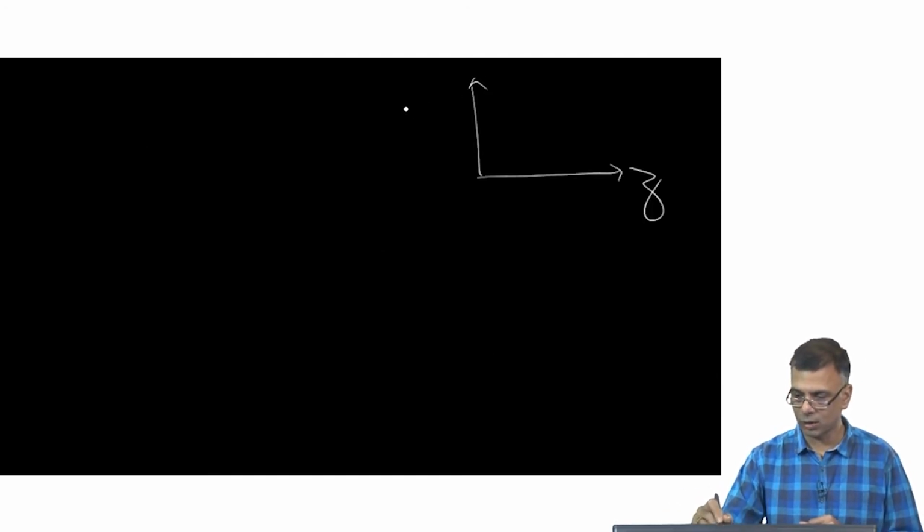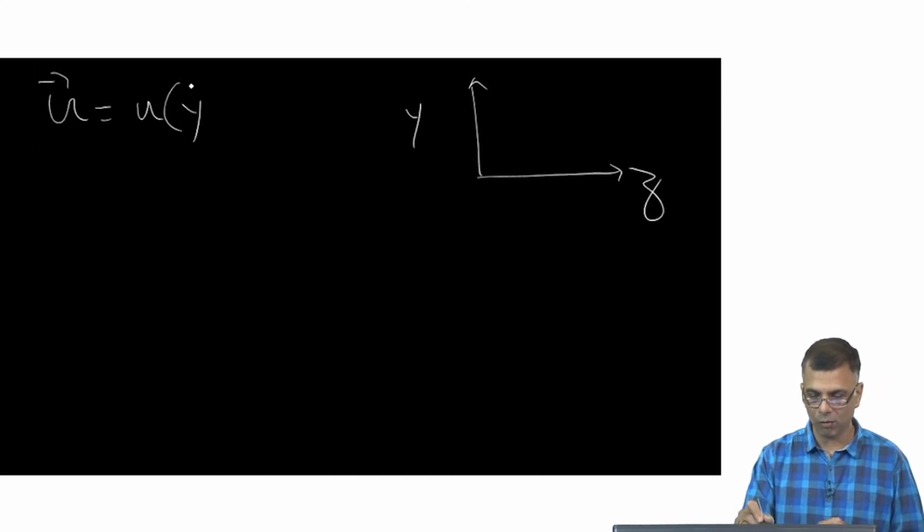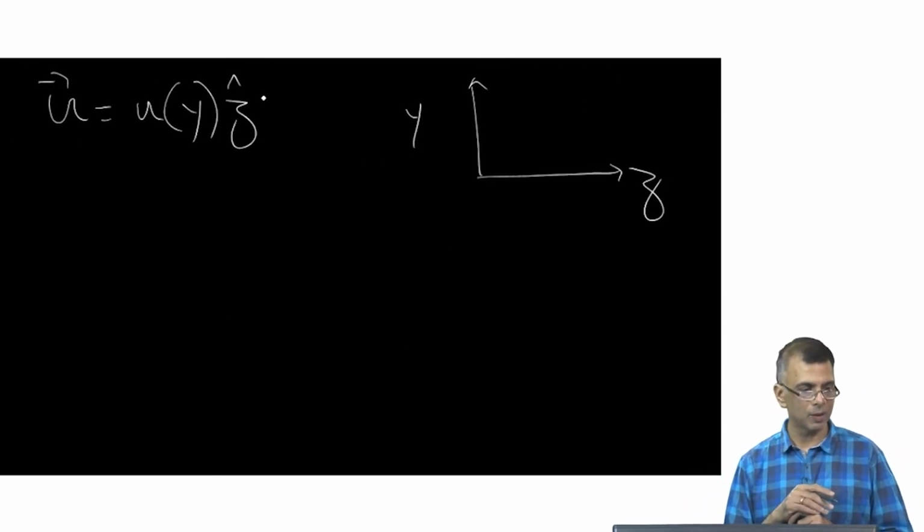So let us consider a situation where you have a two-dimensional flow, and same thing as before. You have z like this and y like this. So you have a situation where u is equal to u as a function of y in the z direction. Okay.